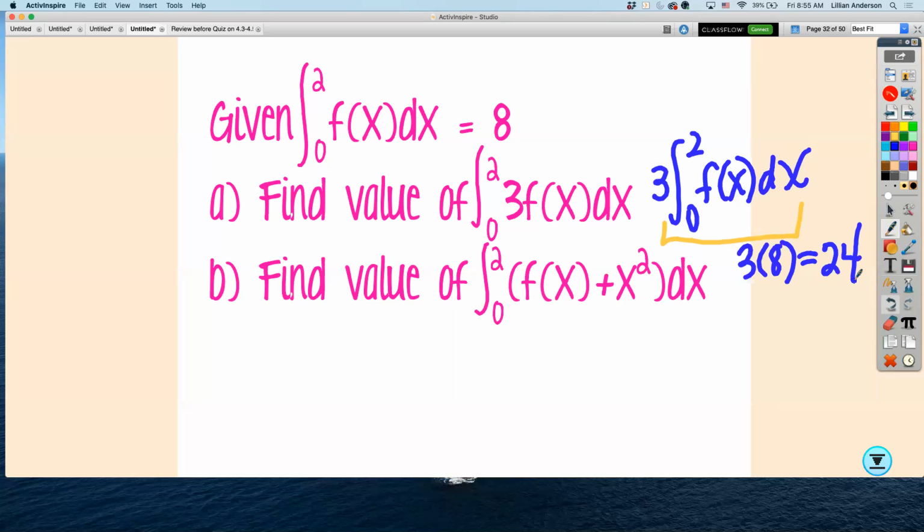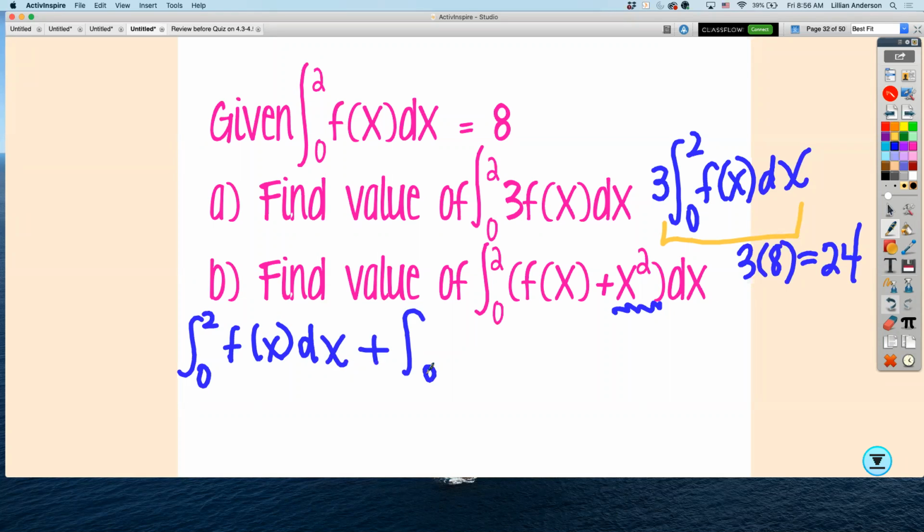Part B asks me to find the value of the integral from 0 to 2 of f of x plus x squared. This is a tad bit different because I actually have a term here, an expression. So I want to apply my rules. Split up the integral.